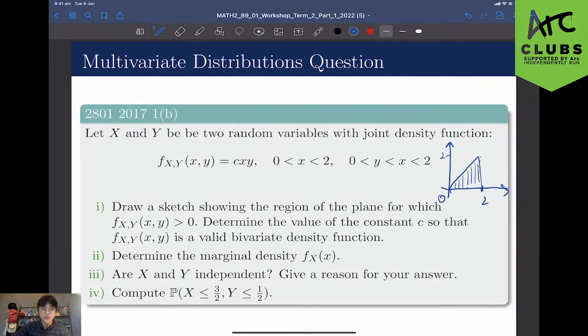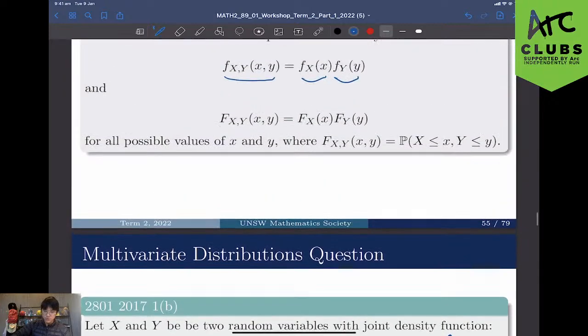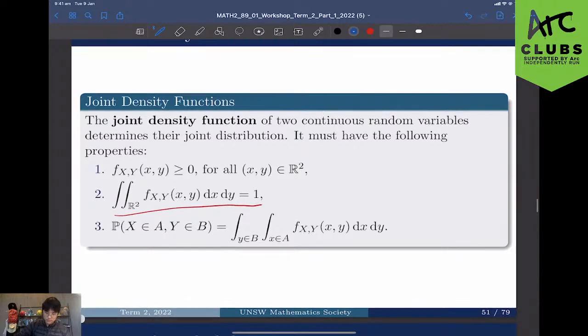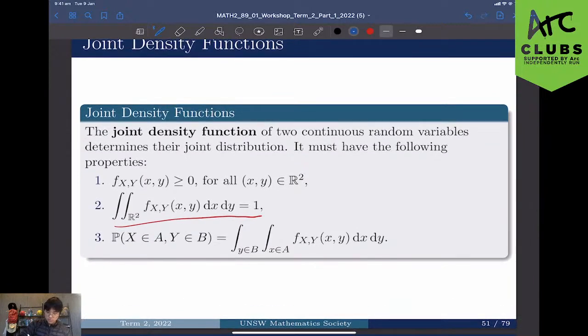That's the region of the plane where the joint density function is greater than 0. And it wants us to find the value of c. If we recall, for all the areas where the joint density function is greater than 0, if you sum them all up, you're going to get 1, just like how for one random variable, the area underneath the density function is equal to 1.